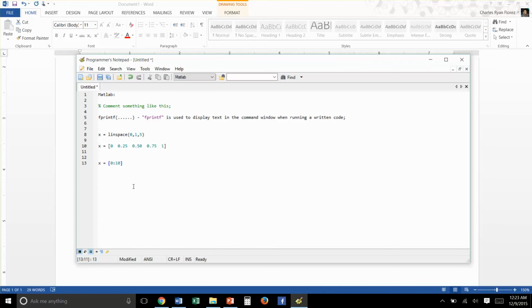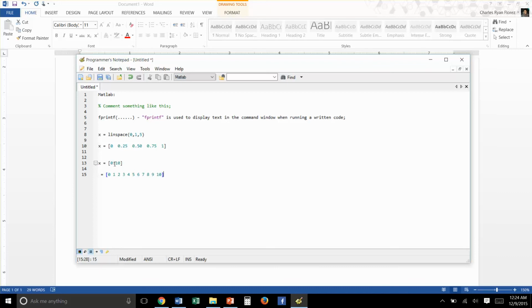Okay, so now as far as this operator here, the colon operator, when you write this out in Matlab, Matlab will read this as a beginning number and this as an ending number. So what you'll have is something like 0, 1, 2, 3, 4, 5, 6, 7, 8, 9, and then 10.